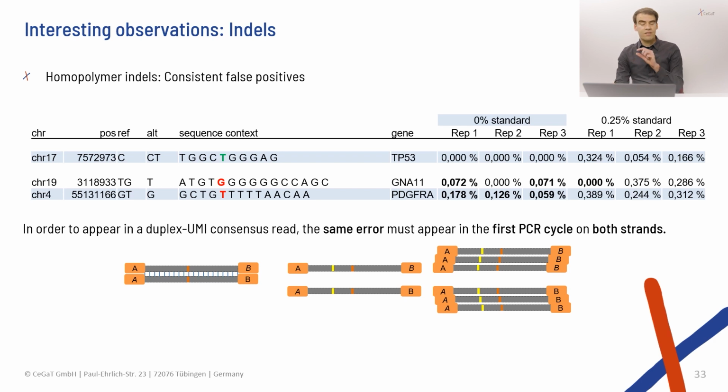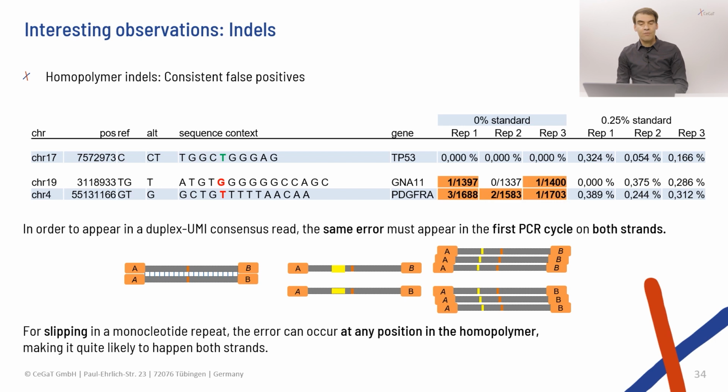If you think about it, the longer the mononucleotide sequence is, the more likely it is that at one of those positions, a polymerase slips and inserts or deletes one of those positions. And this means that the likelihood of such an error is larger than for single nucleotide variants. And as you can see in our data, it's basically 1 or 2 reads of the 1500 coverage that contributes to these errors.